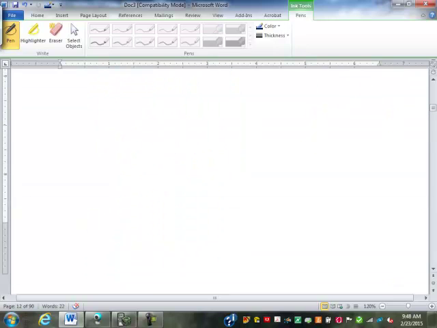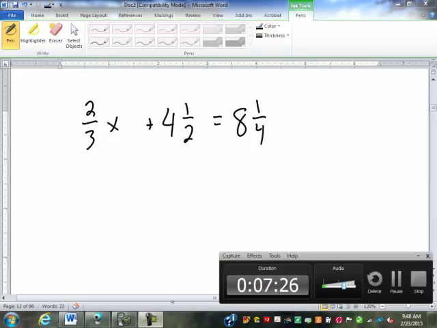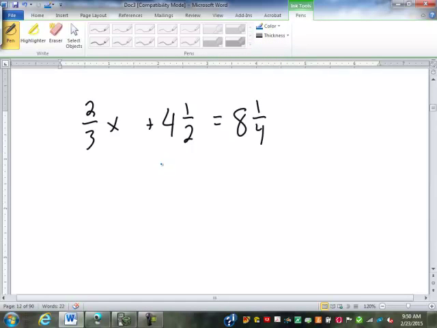Let's try another one. I'm going to have you guys try this one on your own. Give that one a shot. See what you come up with. So, what would we do first? Subtract 4 1/2. Good.